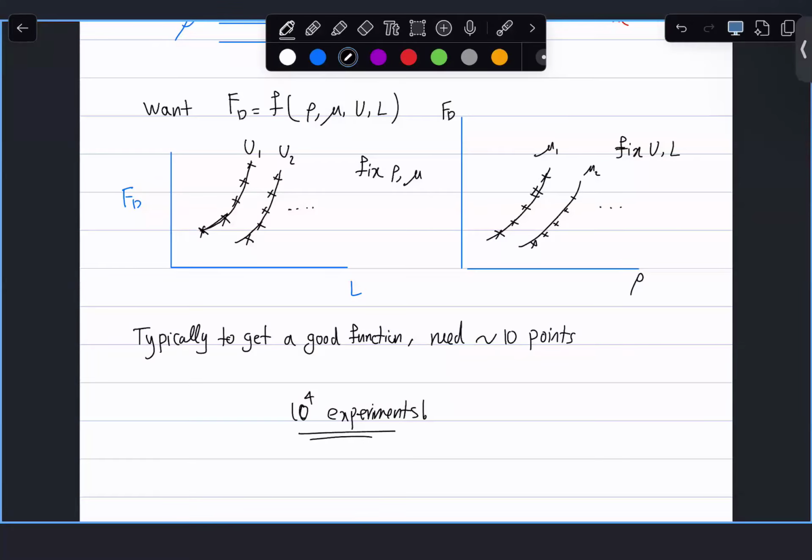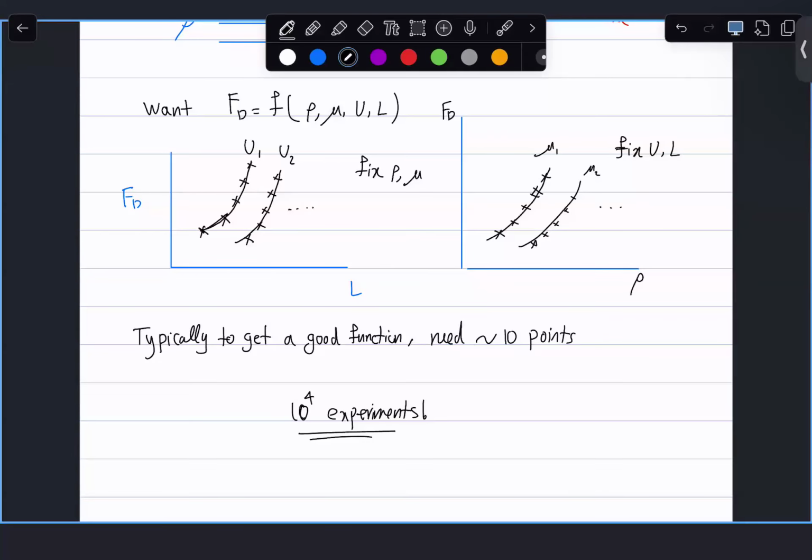Yes, it could be U, it could be viscosity, it could be L. It can be anything. These are just 2 examples. You're going to have many more. So you have to have like 5 different curves, or 4 different ones. FD is the y-axis, and then you change rho, then you change L, D, mu. And again, for each one, maybe you have to do 10 experiments.